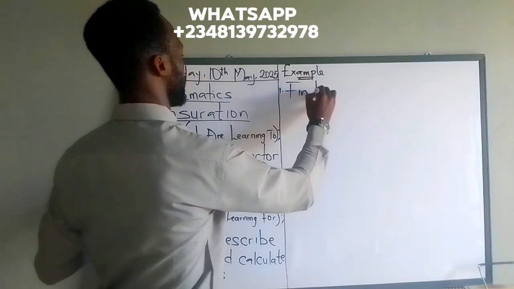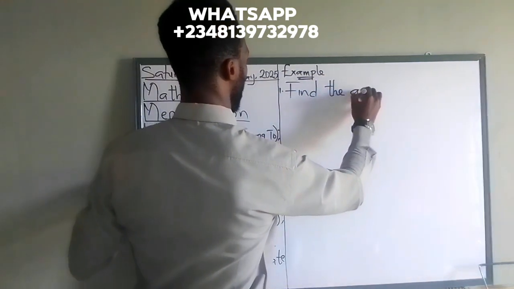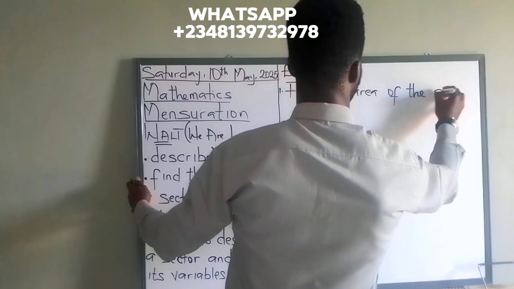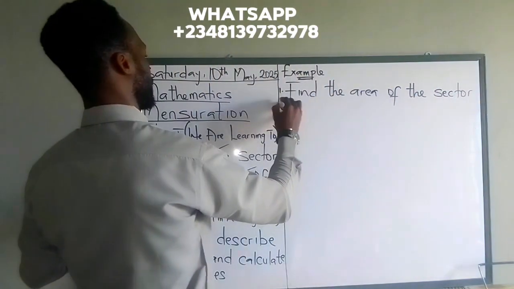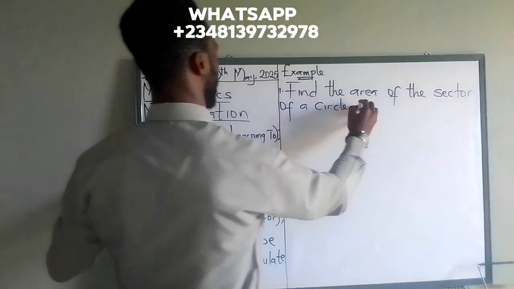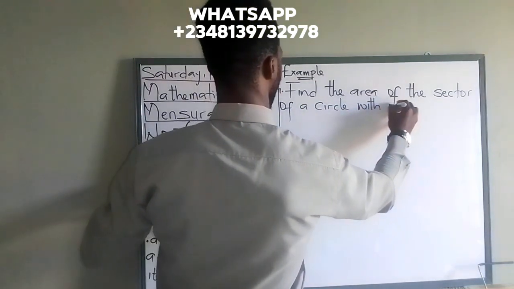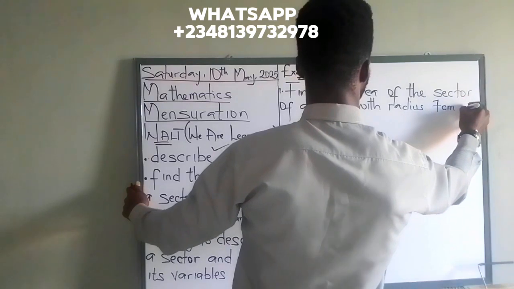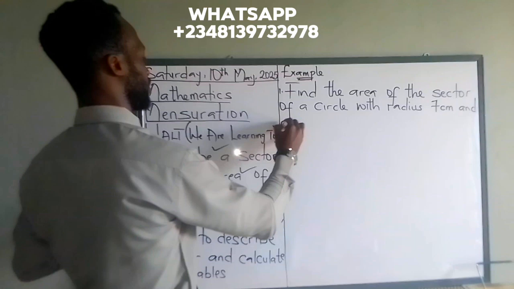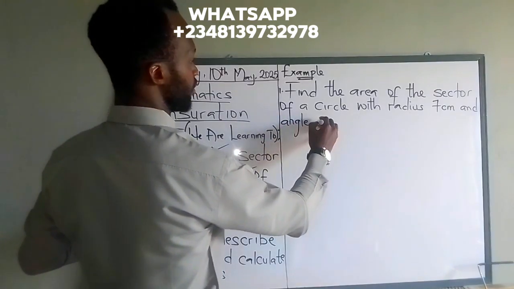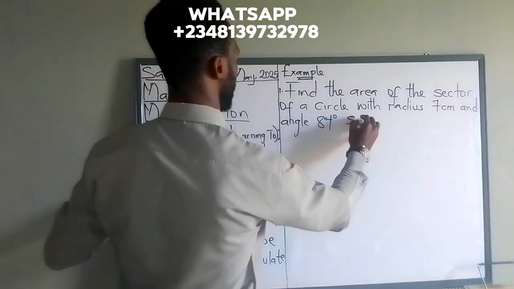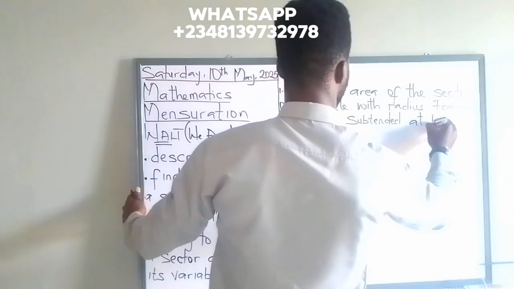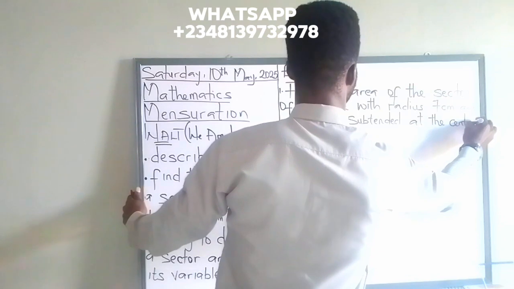Find the area of the sector of a circle with radius 7 centimeters and angle 84 degrees subtended at the center.